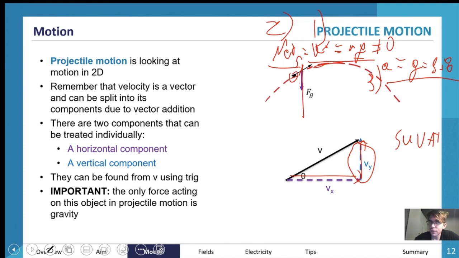Therefore, no forces. Therefore, the net force is equal to zero, right? No forces, first step. Second step, net force equal to zero.